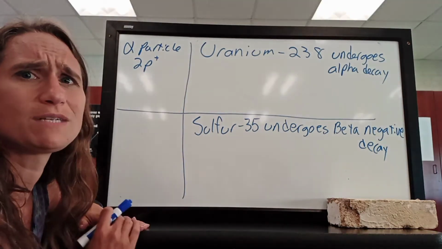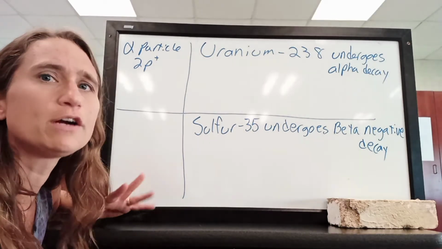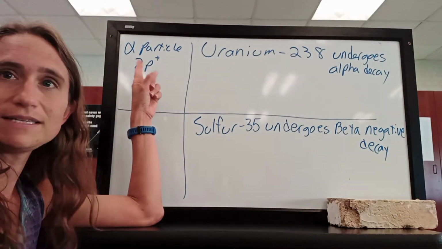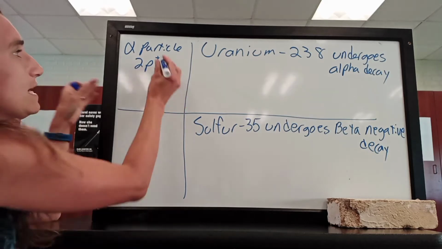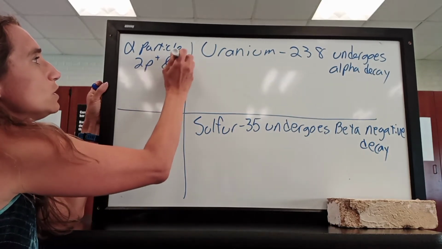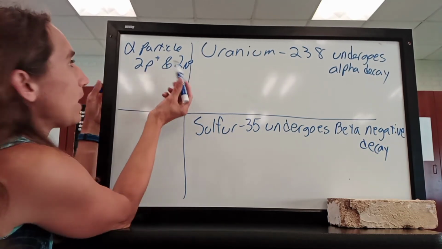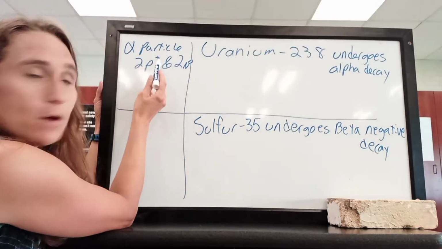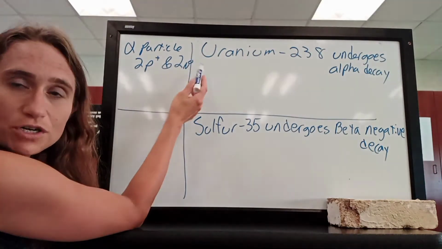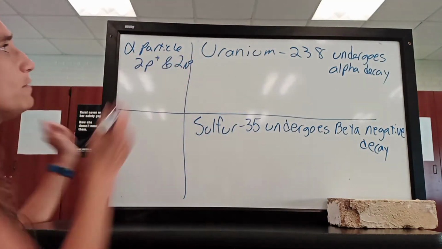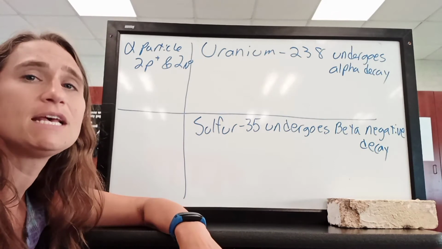A proton is always going to be a P with a plus, and then it has 2 neutrons also. That's an N with a 0, right? Because there's a positive charge on a proton and a neutral charge on a neutron. So my alpha particle contains 2 protons and 2 neutrons.